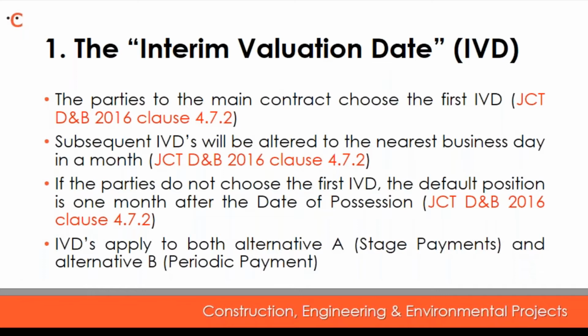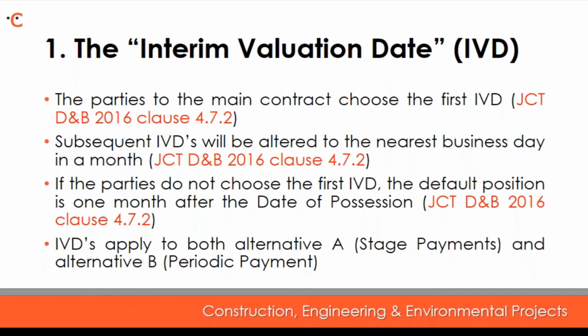Subsequent interim valuation dates will be the same date in each month or the nearest business day in that month. If the parties do not choose the first interim valuation date, the default position is 1 month after the date of possession. The interim valuation date will apply for both Alternative A, stage payments, and Alternative B, periodic payments.